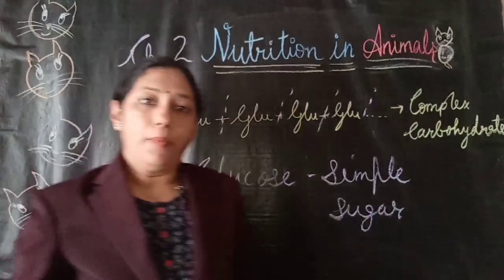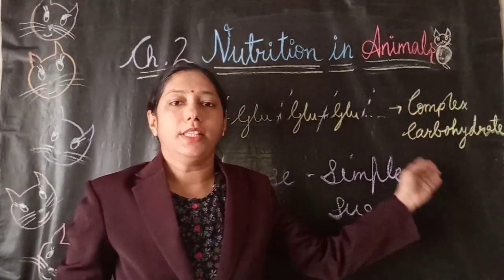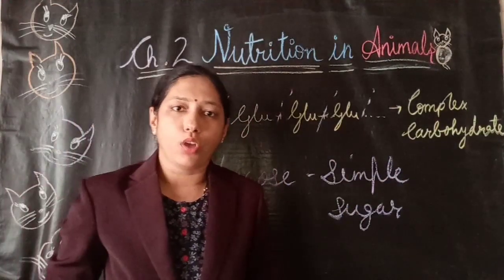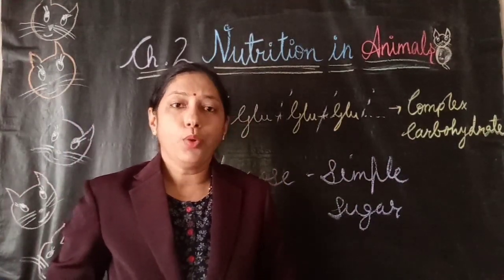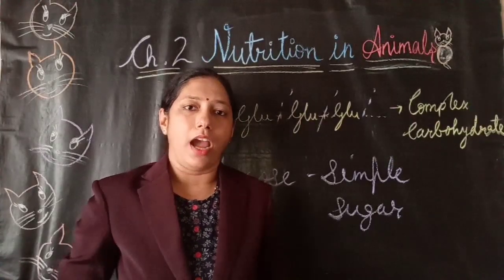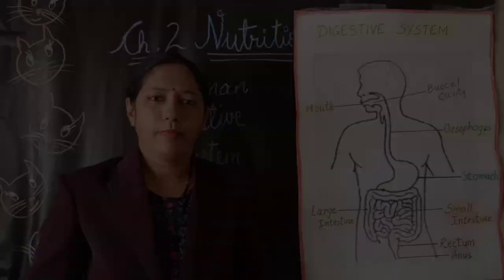So, the process in which the complex substances are broken down into the simple substances is called digestion. Today we are going to study about digestion, and we will start with the digestive system in humans.